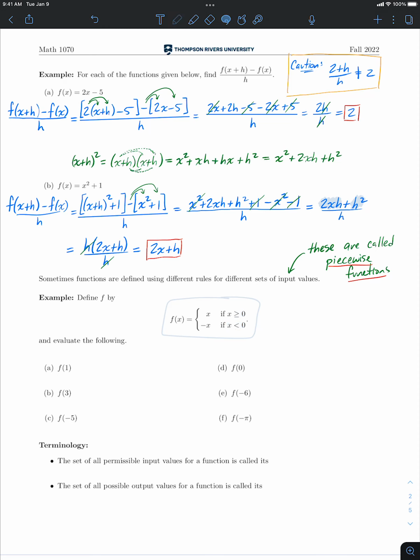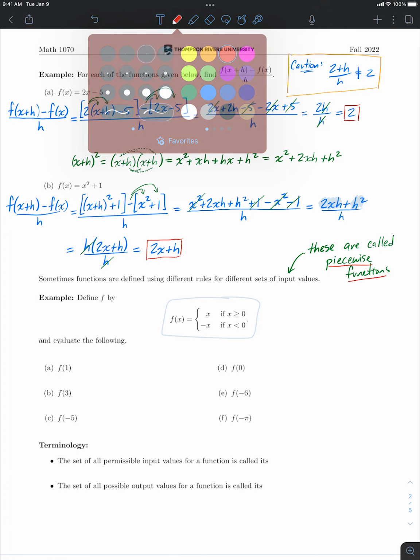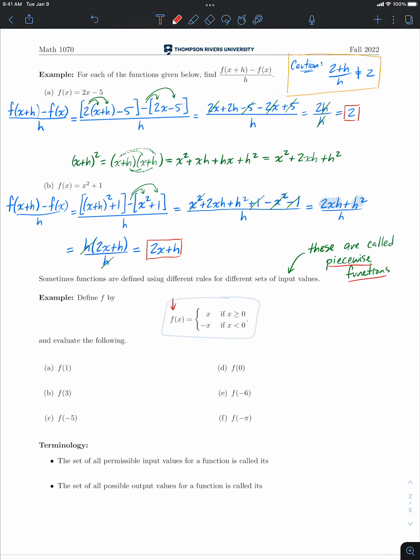Let me do another arrow here so we can go through the process of reading this out loud. We've got our function f. It takes an input value x, and then it does one of two things. If x is greater than or equal to 0, it just gives you back x. But if x is less than 0, then it gives you back negative x.